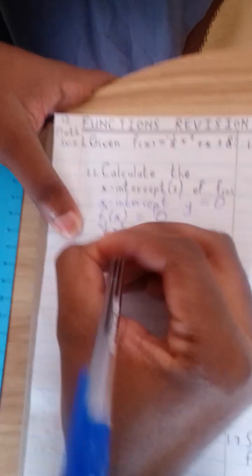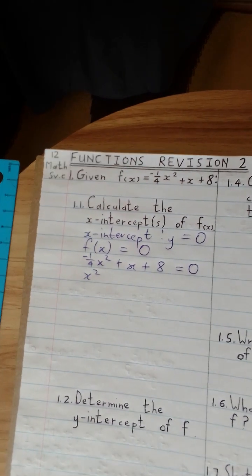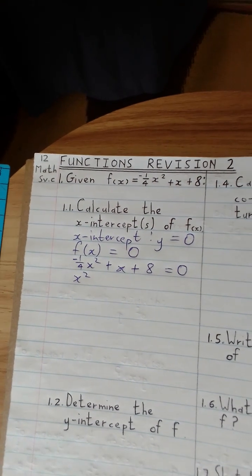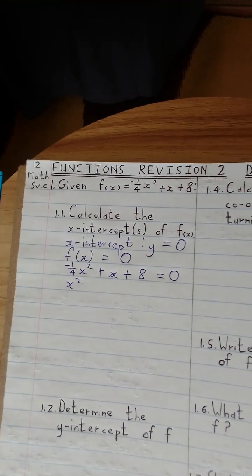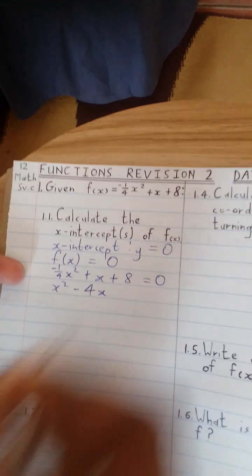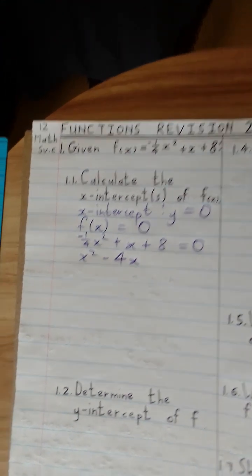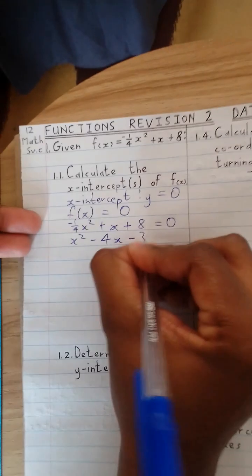Negative 1 over 4 x squared divided by negative 1 over 4 is just x squared, right? And then 1 divided by negative 1 over 4 is just negative 4x. And then 8 divided by negative 1 over 4 is negative 32.